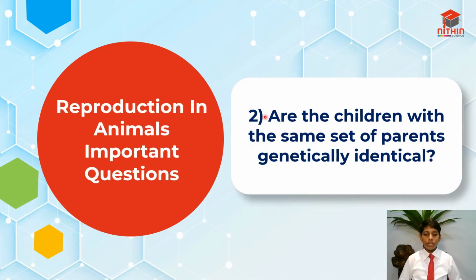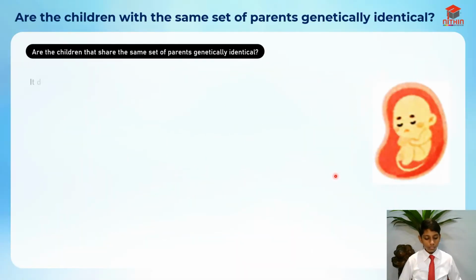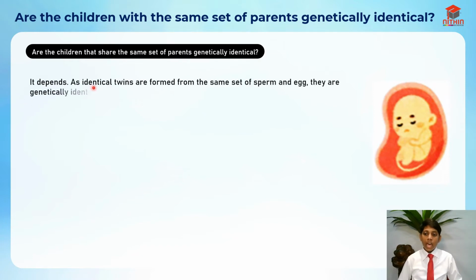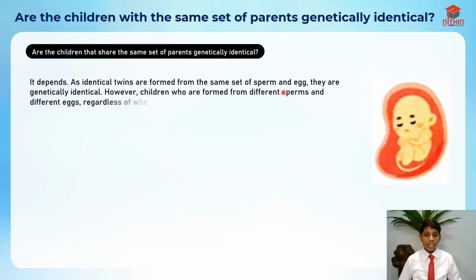For question number 2. Are the children with the same set of parents genetically identical? Let's take a look at this question. So it actually depends, as identical twins are formed from the same set of sperm and egg. Remember last week I told you, right?